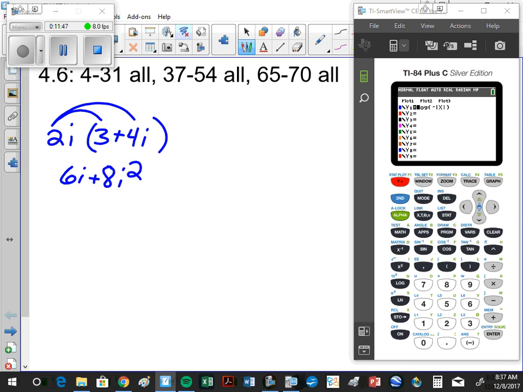But i squared is negative 1. So it's actually 6i minus 8. And we never write it this way. We always put the i last. So we would need to switch them and get negative 8 plus 6i. Does that make sense? Okay.